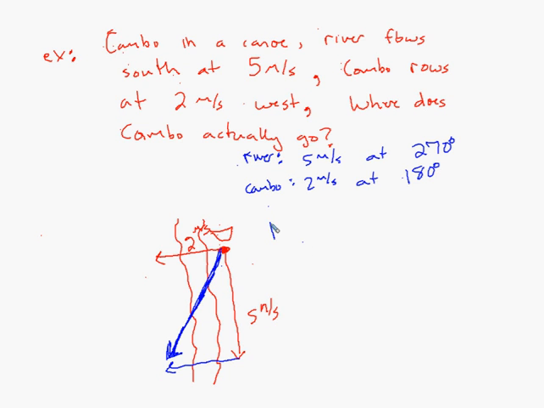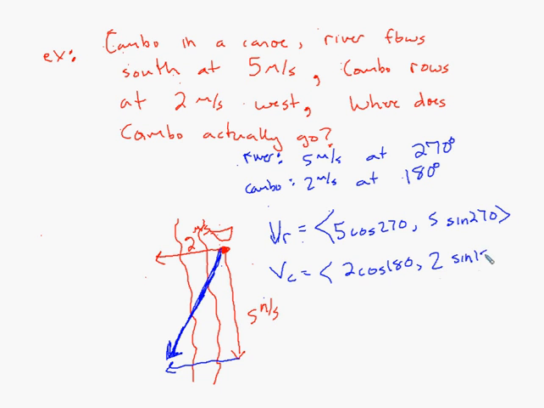So now instead of talking about net force, we're talking about net velocity because we're asking how fast does he go. Our velocities operate under the same principle as the forces did. The velocity of the river is 5 cosine 270, 5 sine 270, and the velocity of Cambo is 2 cosine 180, 2 sine 180.